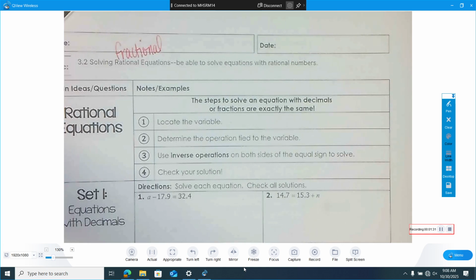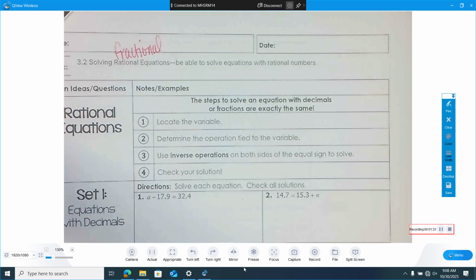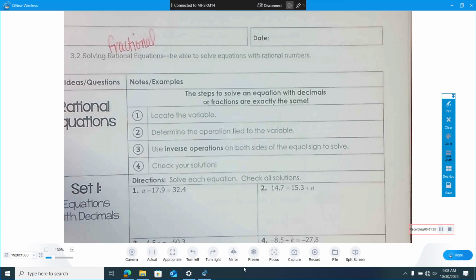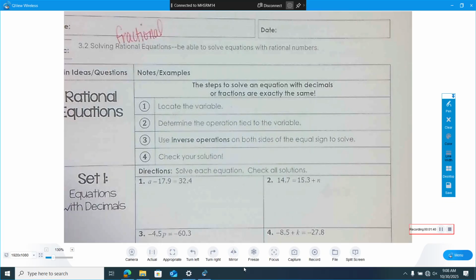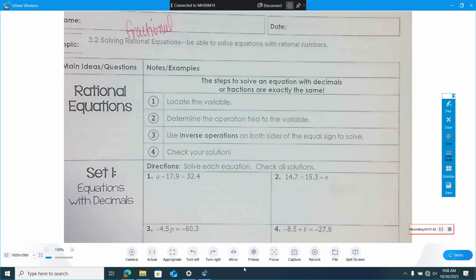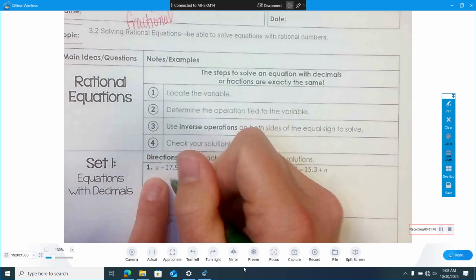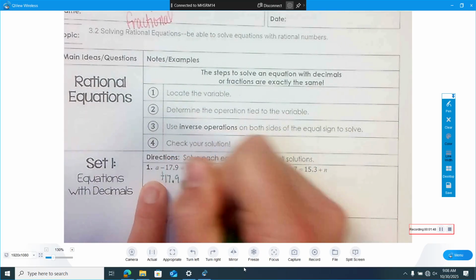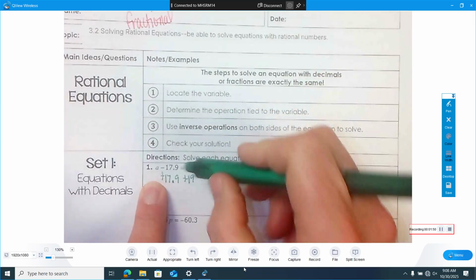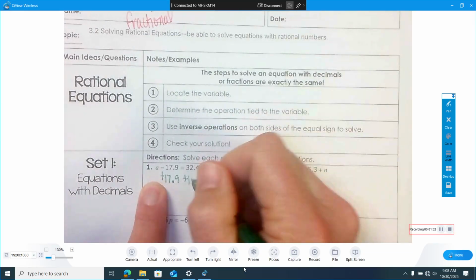Let's start here with number 1. A minus 17.9 equals 32.4. What should we do, ladies and gentlemen? How do we get the A by itself? Add 17.9 to both sides. Please show your work.